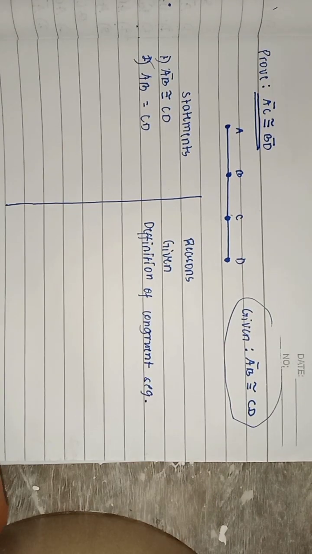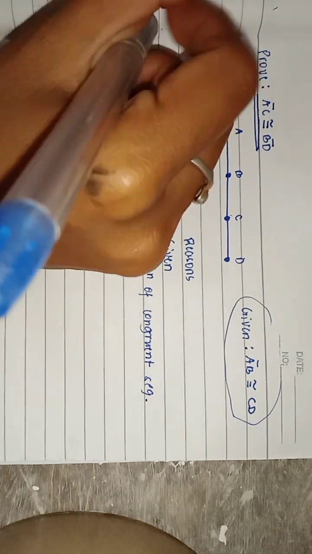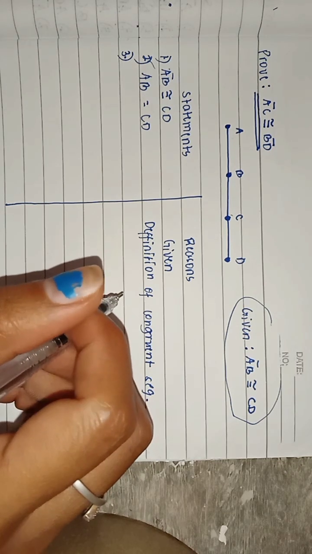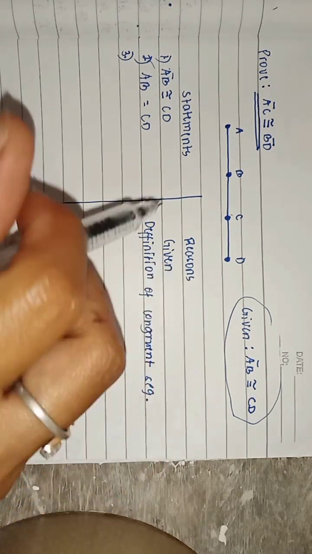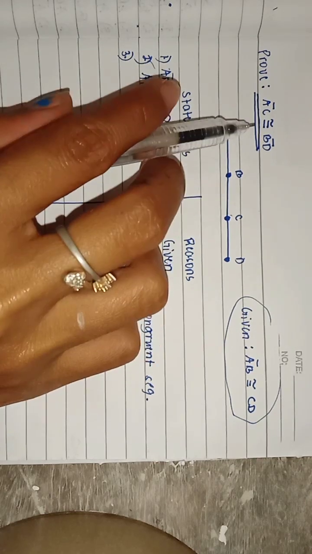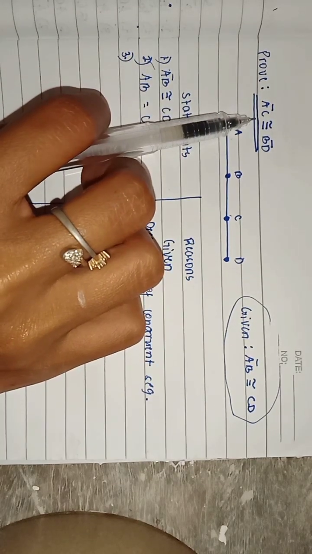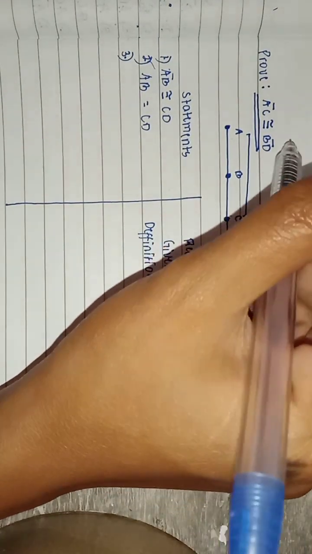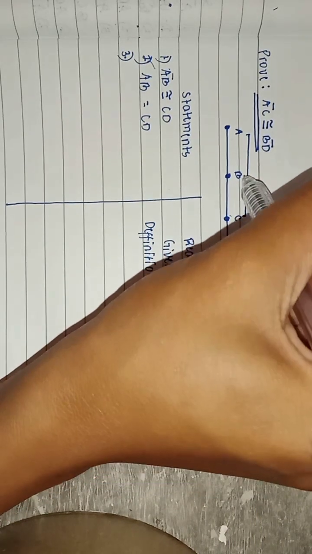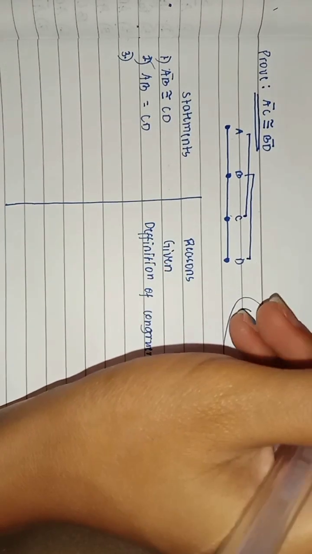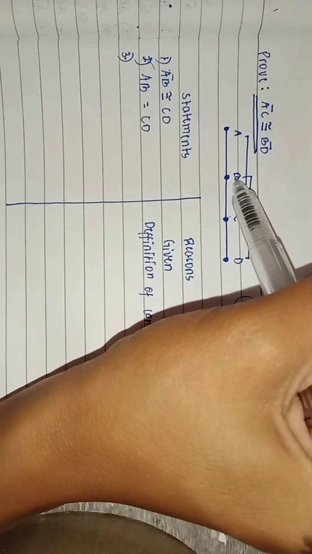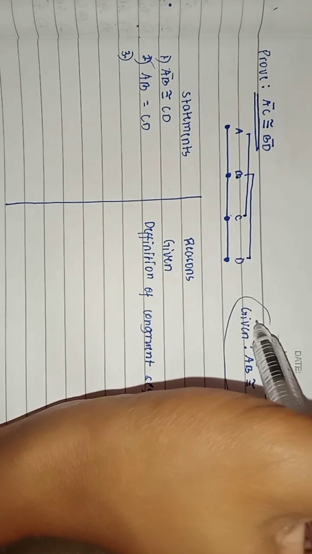Now, let's move on to our number 3 for our statements. We will try to prove that segment AC, which is this part, is congruent to segment BD, which is this part also. We know that AB is equal to CD, which is our given.